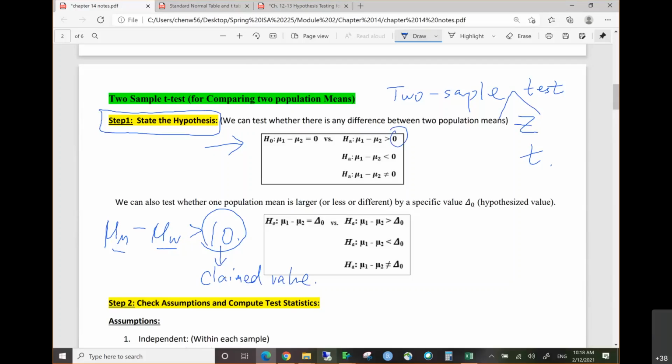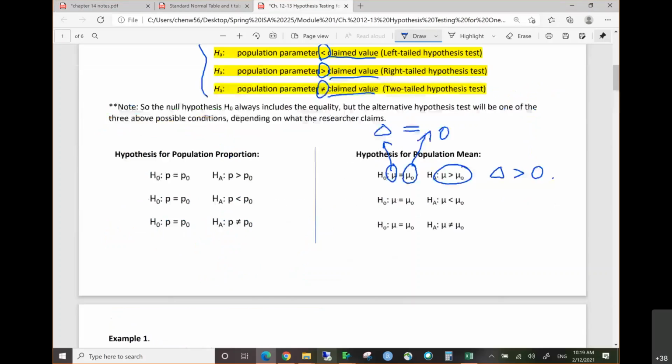But if we have a specific value we want to test about, we call this claimed value delta 0. We use delta 0 as our claimed value. Similarly, if you can recall, in our previous chapter when we talked about the hypothesis, we called mu0 the claimed value, p0 our claimed value. Now we have another kind of claimed value.